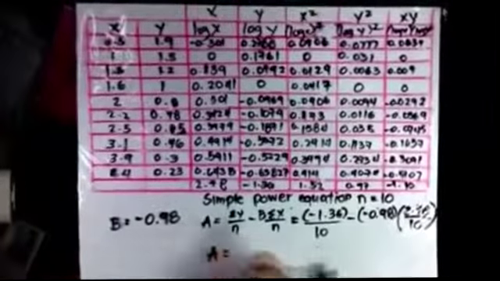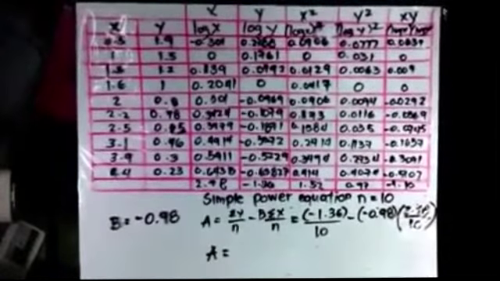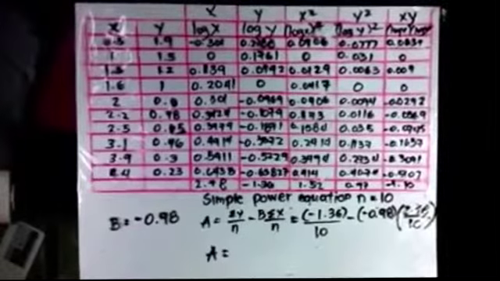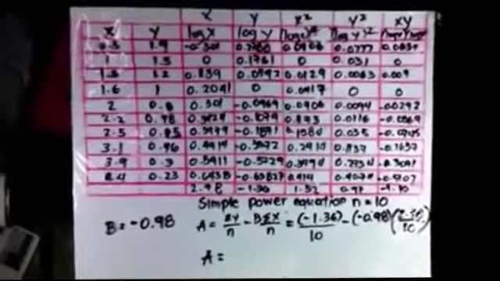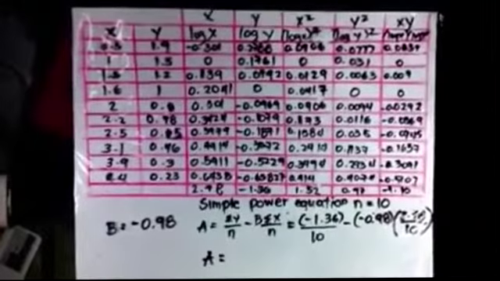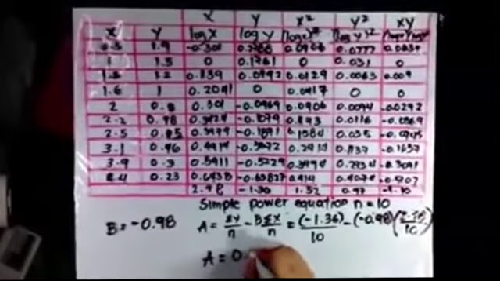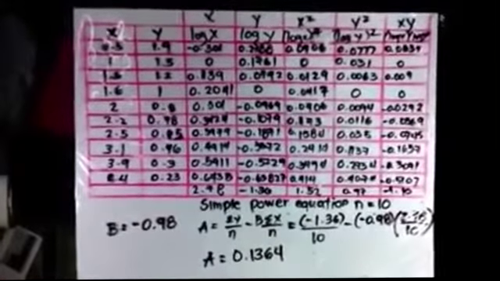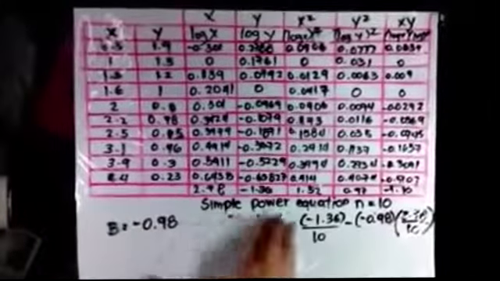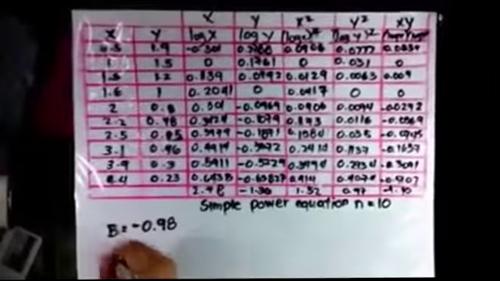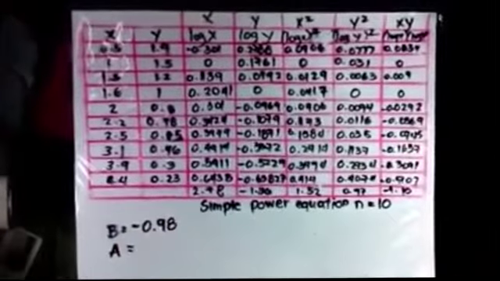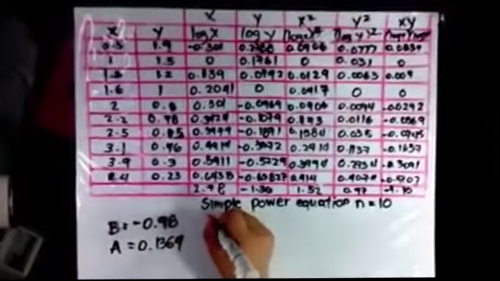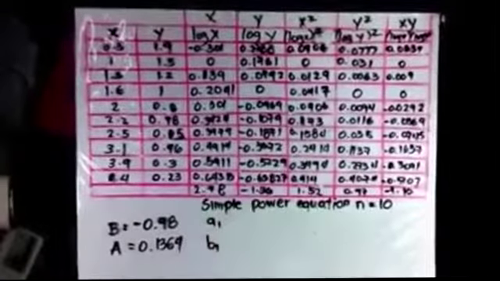So the value of A is equal to 0.1364. So we have the value of A. A is equal to 0.1364.